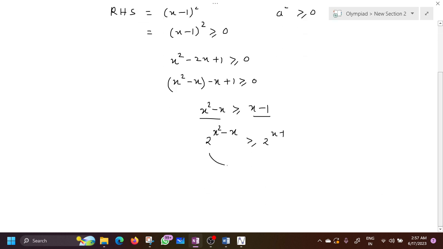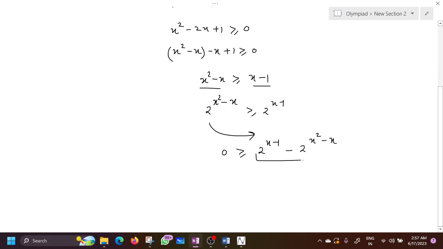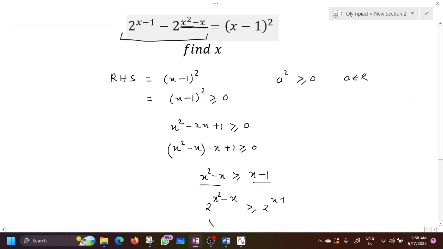So shift this quantity to that side. Here you have 0 less than or equal to 2 to the power x minus 1 minus 2 to the power x square minus x. And this is your left hand side of the equation.